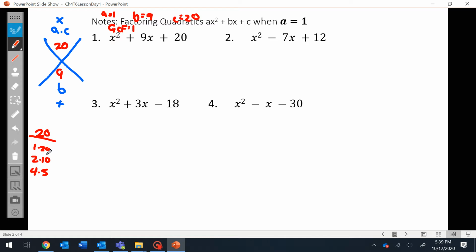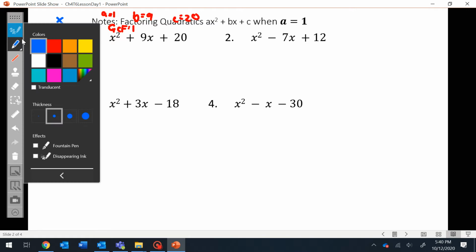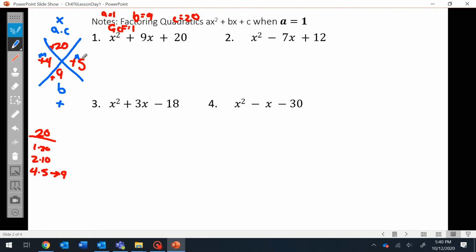And that's it. Can any combination of these options add up to 9? I can see that these two will add up to 9. 4 times 5 is 20, and 4 plus 5 is 9. So over here I'm going to put positive 4, and over here positive 5. This will be my m, and this will be my n.